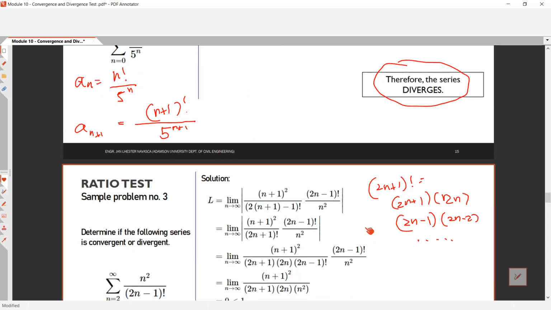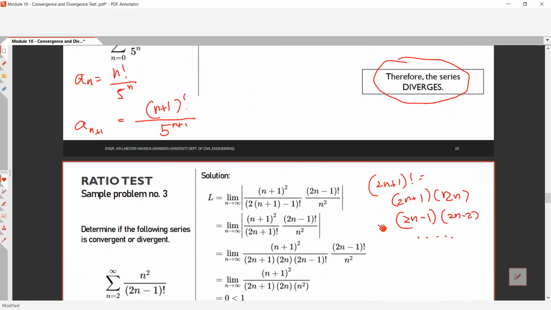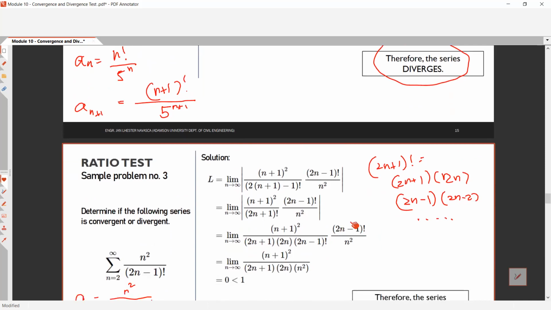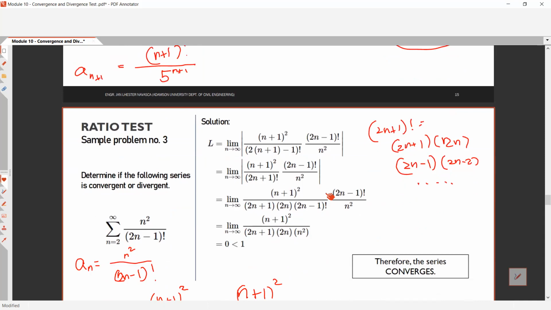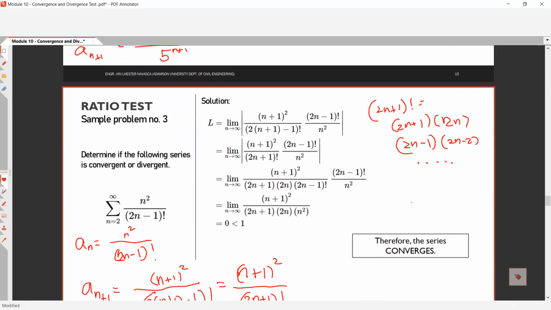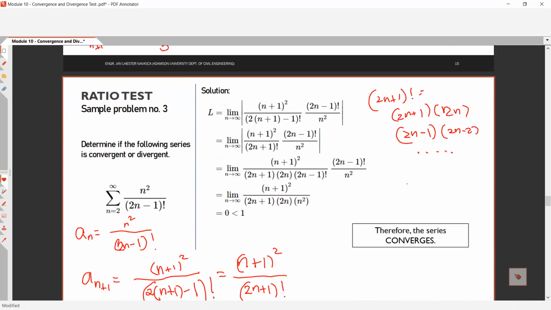So therefore, hahanapin natin, merong 2n minus 1 factorial. Pangalawang beses na natin itong ginawa. As a general rule, if you have a factorial term in the numerator and the denominator, ang gagawin mo, you will factor out that numerator factorial term.